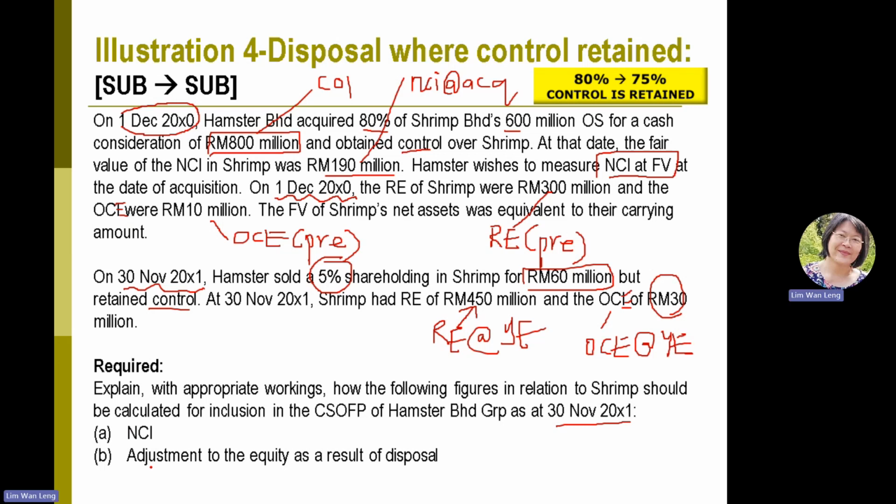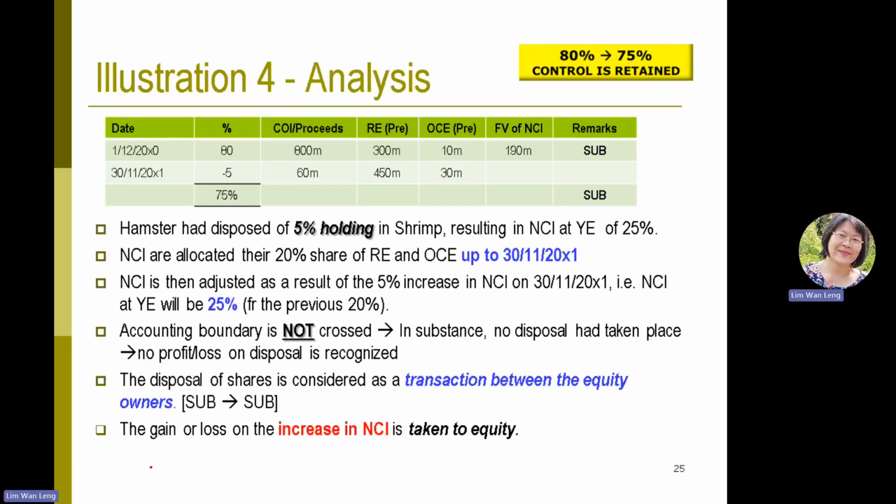Okay, this is a transfer between the owners. So, of course, you can see the movement table. The table, like I say, for me, I think it's quite useful. For you, if you can, you adopt. If you cannot, you have your own way of drawing out what is happening for the whole period, which is also okay.